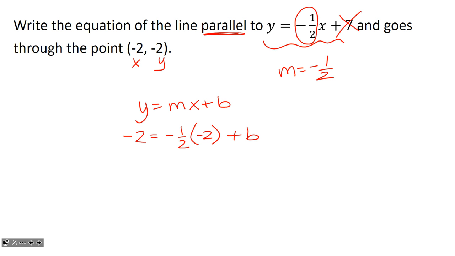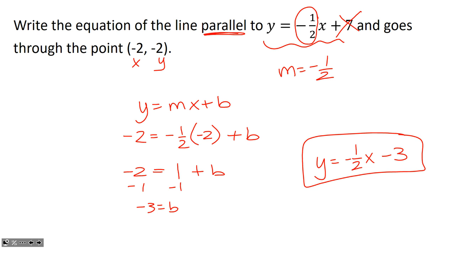So now solve for b. -2 equals, use your calculator, -1/2 times -2 is positive 1. Now solve for b. b is equal to -3. So my equation is y is equal to negative 1/2 x minus 3.